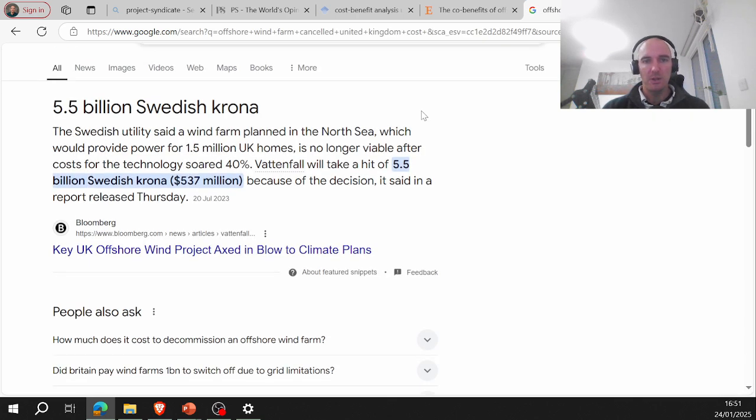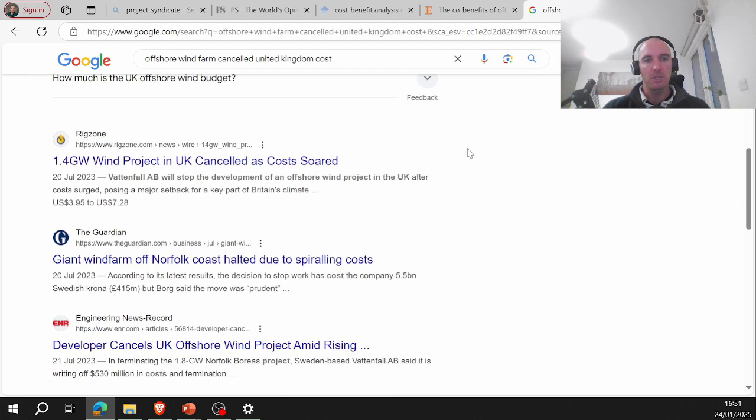Yeah, so this was a very famous case where the Swedish utility company Vattenfall AB stopped the development of an offshore wind project in the UK in the midst of the Ukraine war crisis and the supply chain shocks that precipitated, because their costs went up a lot. And what they were saying is that even though the UK government was subsidizing a lot of their activities, it still wasn't really worth it for them.